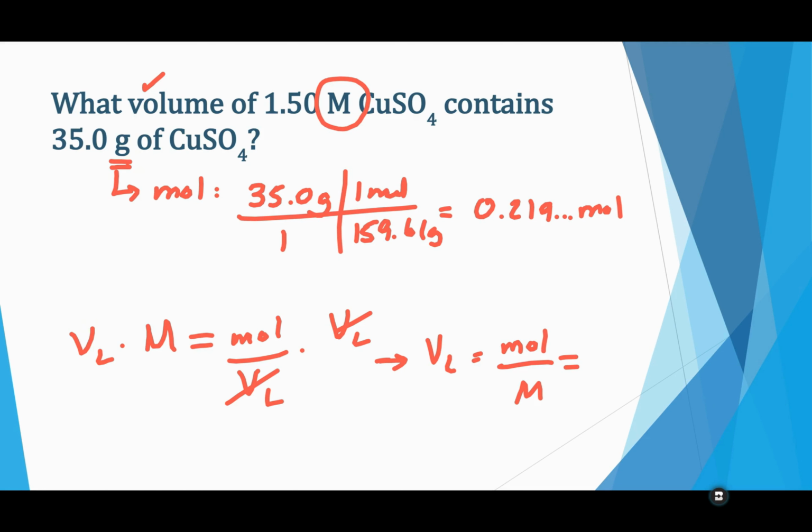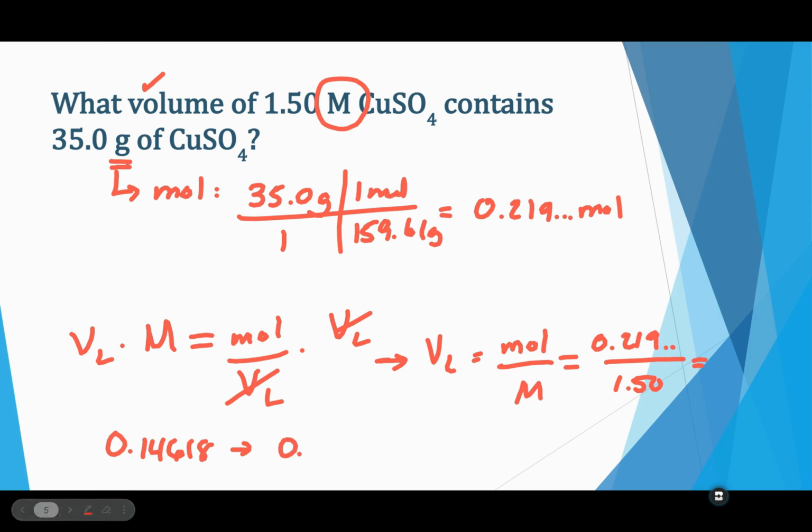So I'm going to take this long number and plug it in where the moles are. And I'll divide that by my molarity, 1.50. I'm going to end up with 0.14618, so 0.146 liters CuSO4.